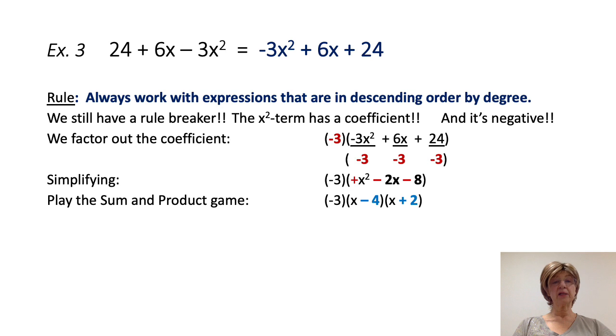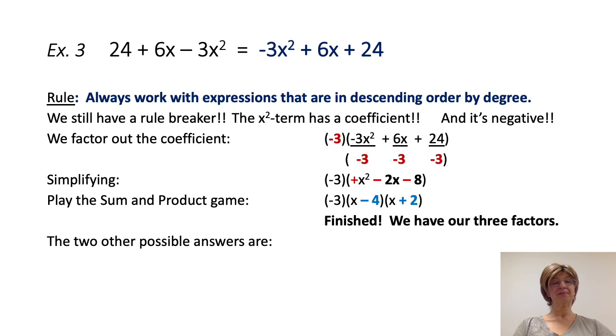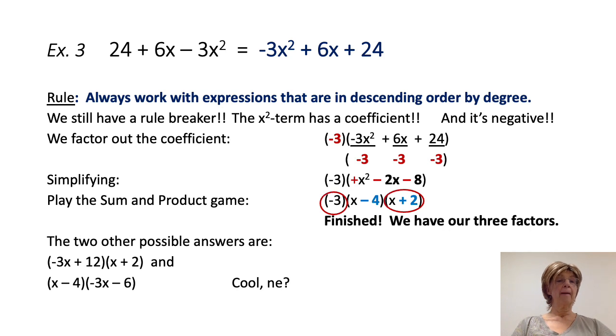Minus 4 plus 2 equals minus 2, which is the sum, and minus 4 times plus 2 equals minus 8, which was the product. There they are. Finished. We have our 3 factors. The other 2 possible answers are minus 3x plus 12 times x minus 2 and x minus 4 times minus 3x minus 6. Pretty cool.